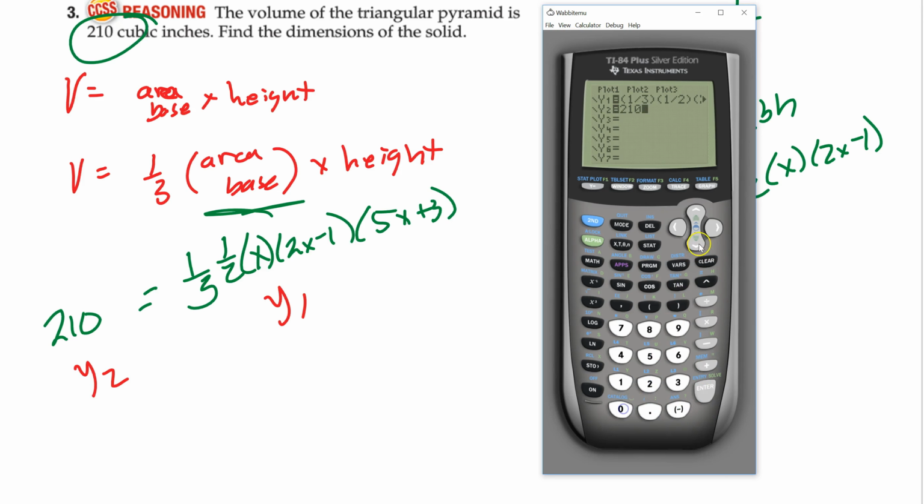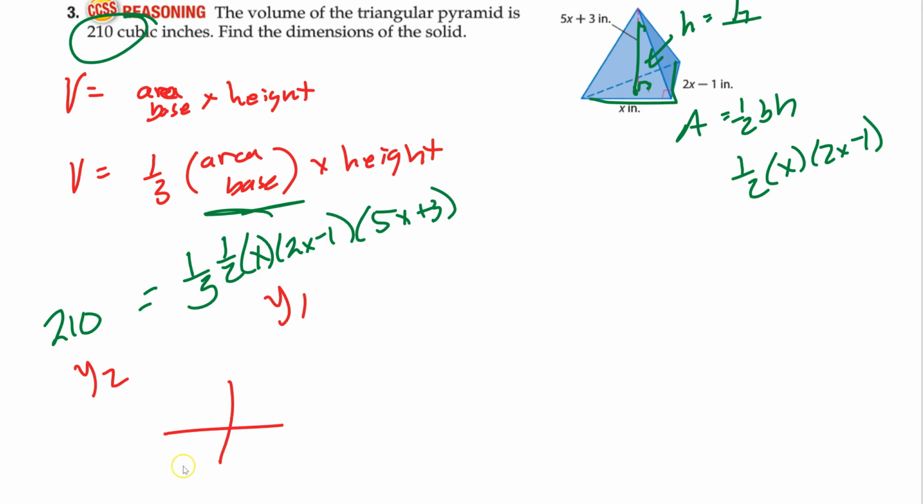If you remember what I mentioned last time, if I know the graph, the graph's going to look something to this effect. But 210's way up here, so you've got to fix the window.